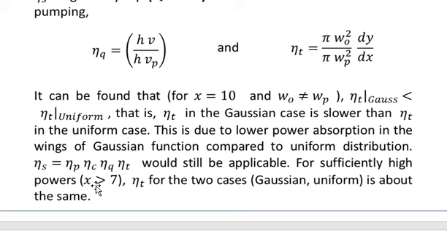So you see that up to this value the pumping for the two is the same. But I have shown that when x is equal to 10 or greater, then of course the transfer efficiency for the Gaussian case will be smaller than the same efficiency for the uniform pumping case.